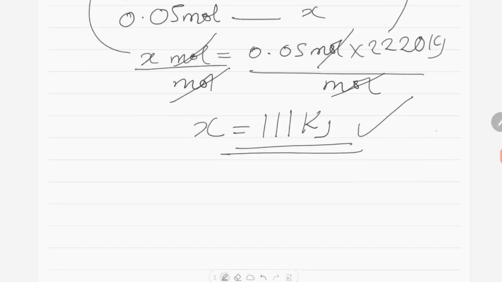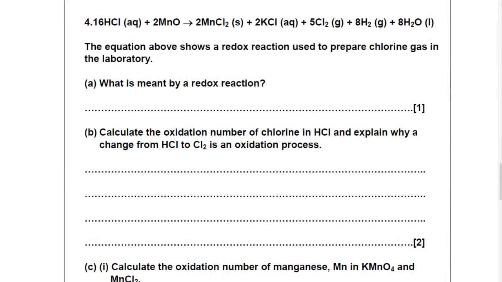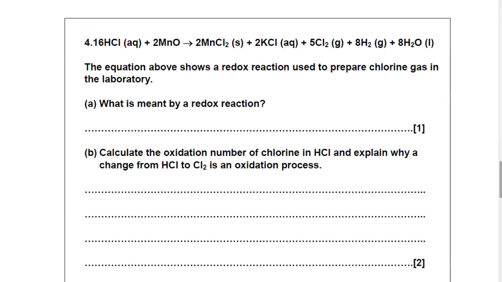We can now look at the second question, which is question number 4. The question reads, there is an equation there. The equation above shows a redox reaction used to prepare chlorine gas in the laboratory.